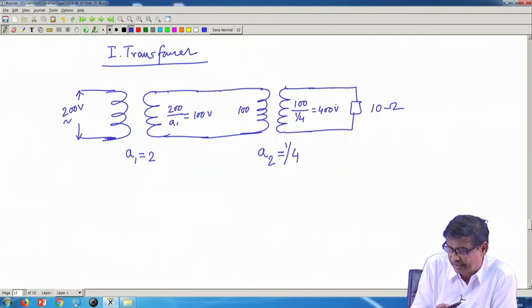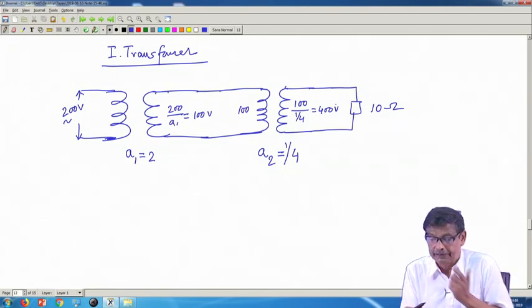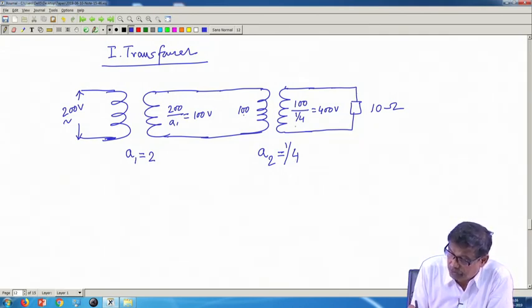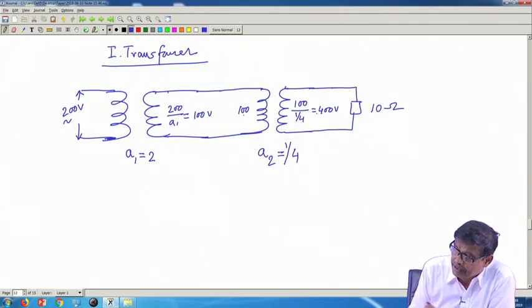It also tells you how the ratios of currents and voltages are decided. Now, A2 is 1 by 4, so the applied voltage 100 by A2 gives 400 volt. This is 400 volt across 10 ohm, so this current will be 40 ampere.